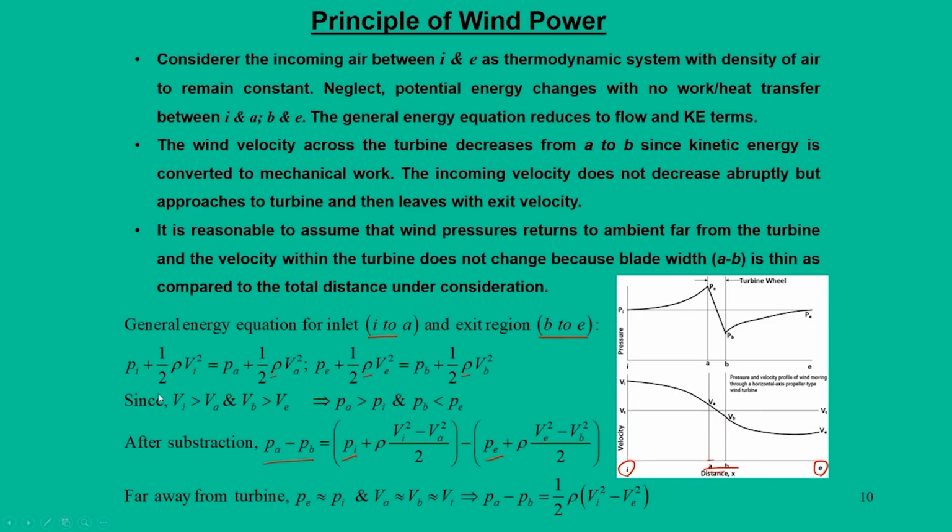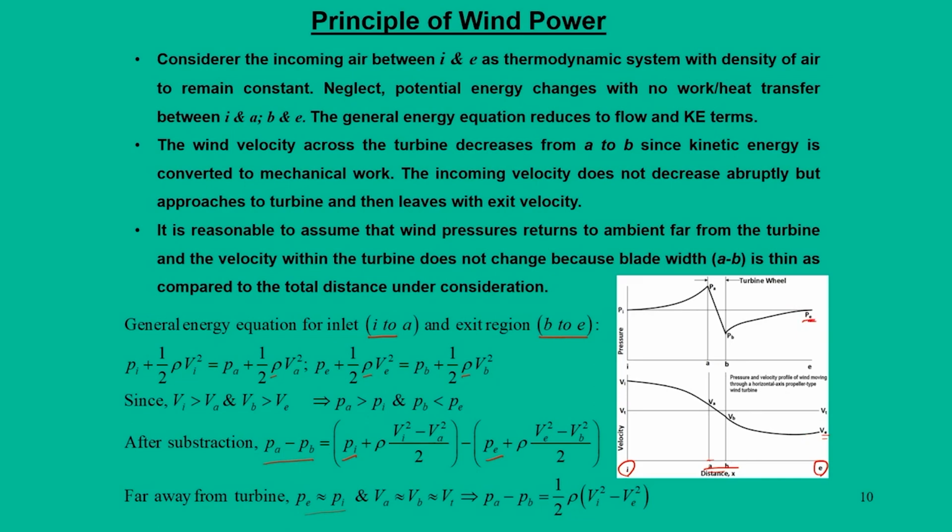Here we impose some assumptions, which give a more realistic way of estimating. For example, if you assume that Pe is equal to Pi, that means we give a sufficient domain so that the wake effects of wind going out from the turbine will not affect the main free stream wind. For that reason, we allow the velocity to drop gradually until it finally matches the free stream. Similarly, the pressure drop also happens in a gradual manner, and finally it becomes Pe.